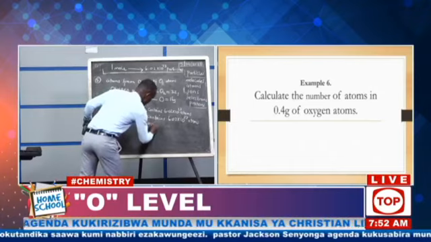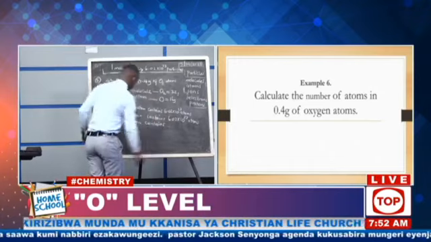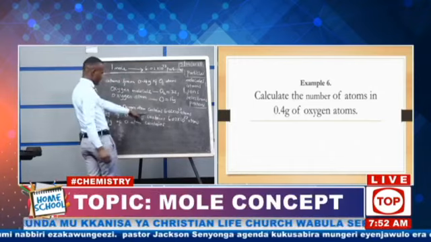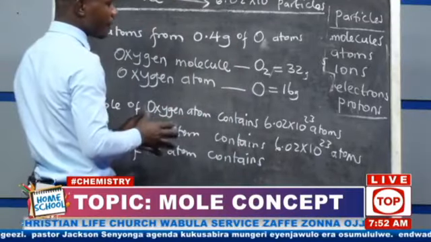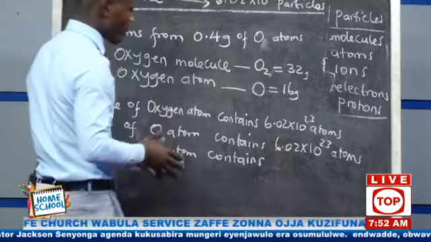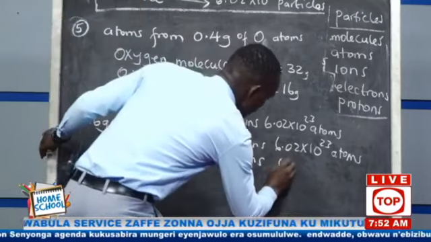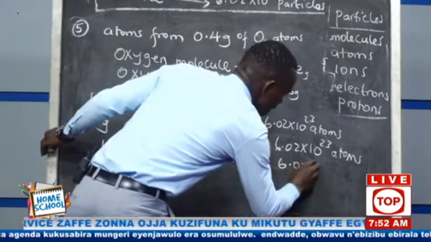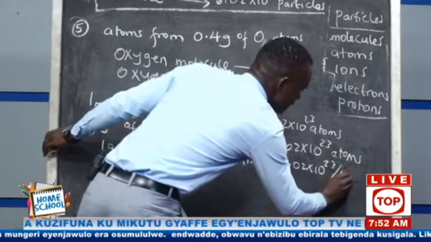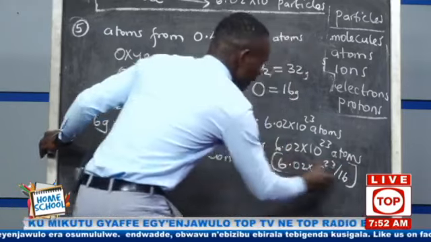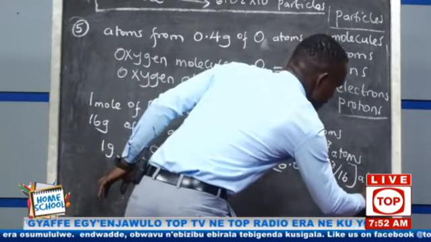If 16 is containing that number, that means this one will reduce. If a full sack has 100 kilograms, what about half of it? That means the grams will reduce. Now here also this number will reduce. We said divided by 16. And those will be the atoms.